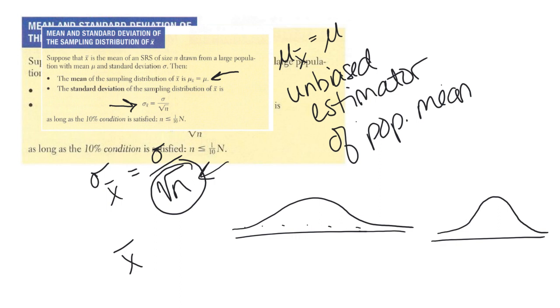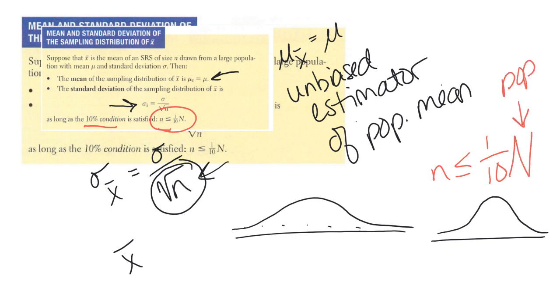Now, a condition for using this formula is the 10% condition. The 10% condition states that our sample size, our lowercase n, must be less than or equal to 1/10 of capital N, our population size, or 10% of our population size.